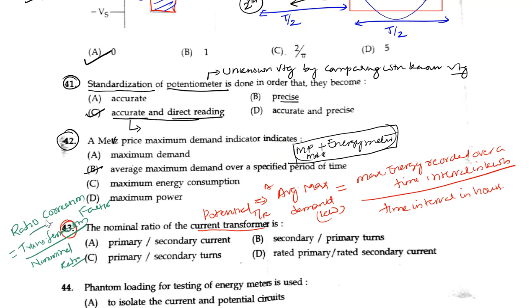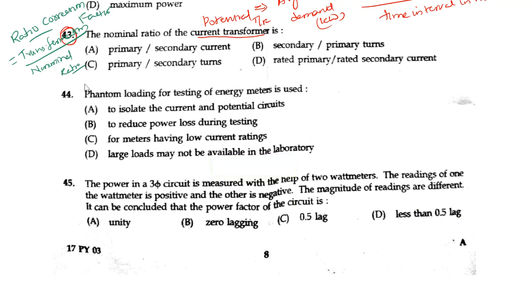Okay, next we will go to the next question here. Phantom loading for testing of energy meter is used here. I will tell you the answer with the help of a numerical problem. Note it down.